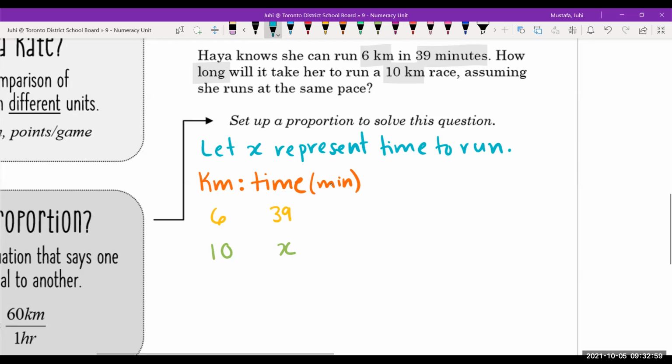Okay, so far I wrote down the words, I wrote down scenario 1, I wrote down scenario 2, and I wrote down my let statement. Now, how do we solve a proportion like this? Here is what I do. I take the two numbers that I have in the first column and I make them into a fraction. So I'm going to make it 6 over 10.